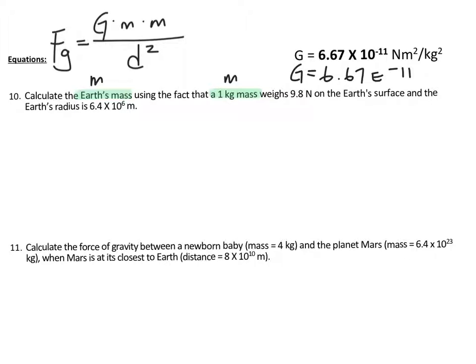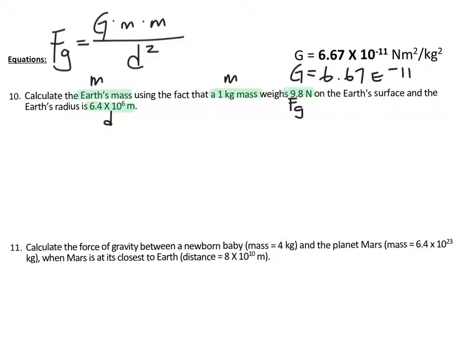And it weighs 9.8 newtons. So its gravitational force is 9.8. This is Fg. Okay, and the Earth's radius is 6.4 times 10 to the 6. So this is the distance from the center of the Earth to the top of the Earth. This is D. Okay, so I have two M's, D and Fg.